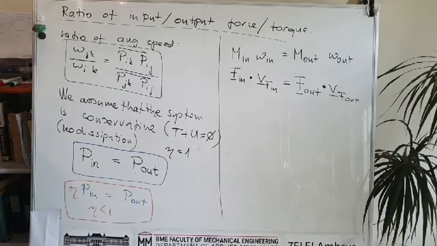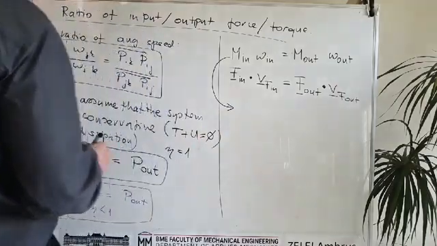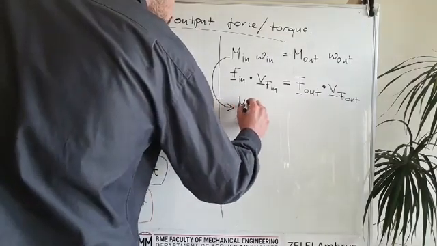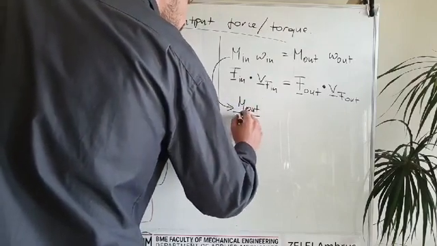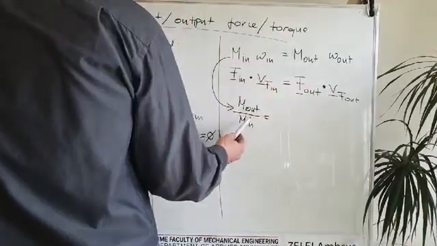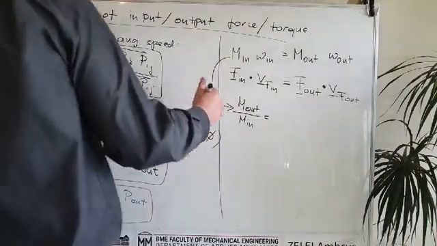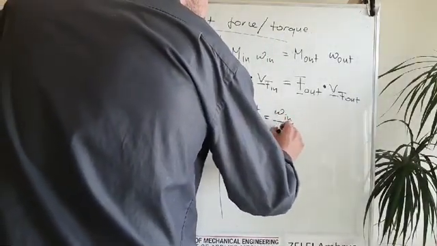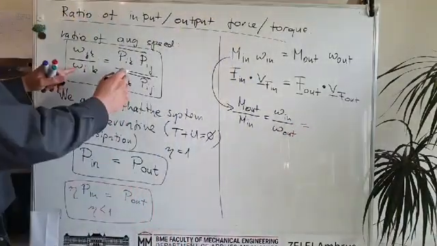Okay, so it's quite easy, and by these formulas we can simply create the ratio. So the output over the input torque is equal to omega in over omega out, and then you can apply this formula.